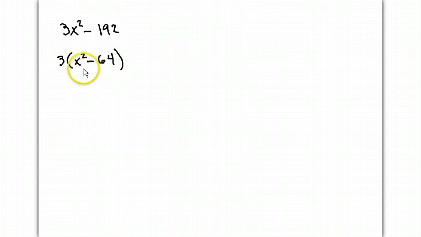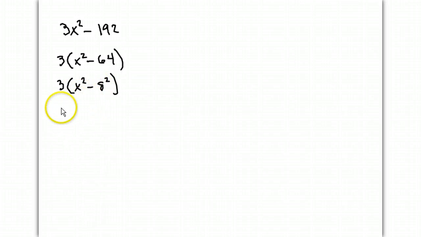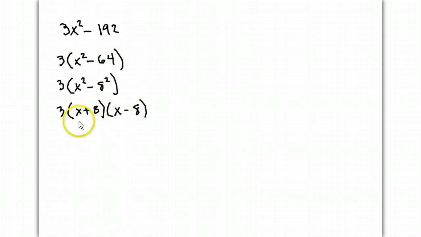And the answer is no, because x squared minus 64 can be written as x squared minus 8 squared. And because 8 squared is 64, this is a difference of squares. So when you write it, it's going to be 3 times (x plus 8)(x minus 8). And this will be the finished product. So this is what this problem factors into.